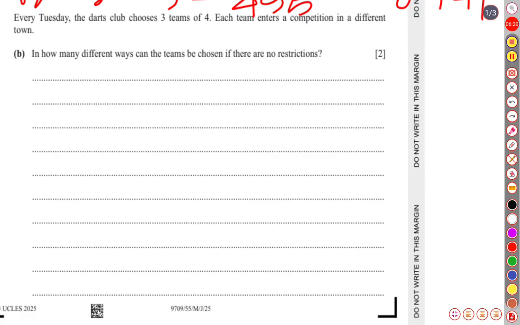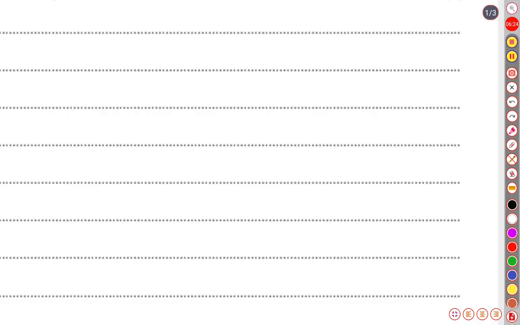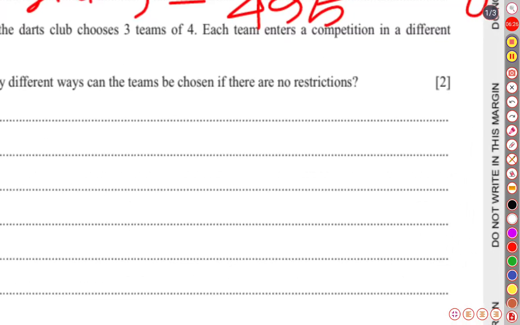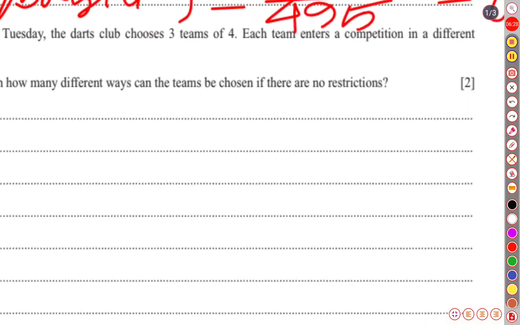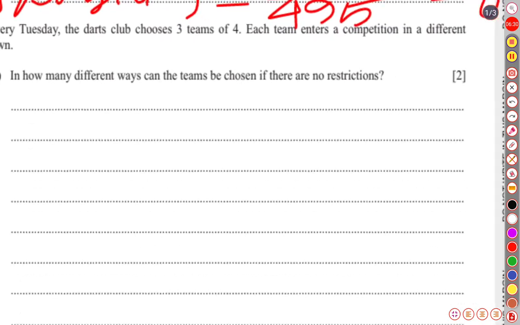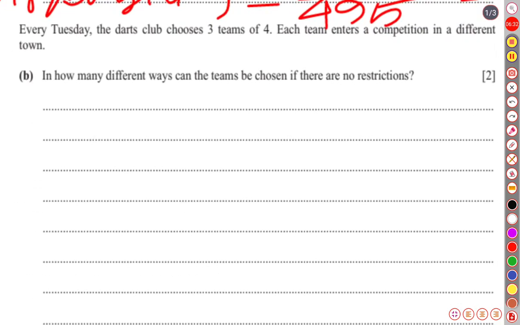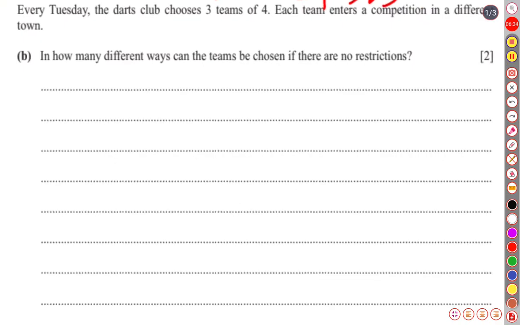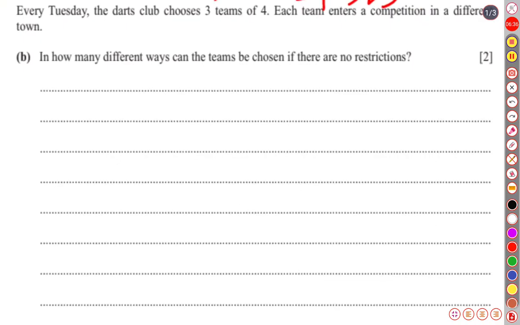Look, this question is also about selections. Number of ways means it is also about selection. So for selections, we know we are going to apply the concept of combination, not permutation, because arrangement is not sought here. There are three teams, and each team will contain four members.